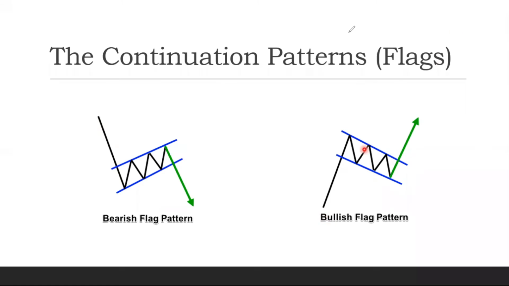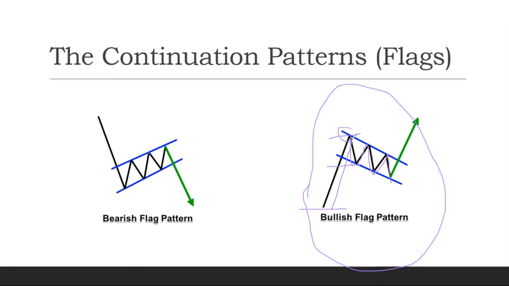Okay, so how can I analyze this flag and make sure whether it's a flag or not? First of all, the price has to extend from the bottom, then hit resistance, then pull back to support, then again hit resistance, pull back to support, hit resistance, pull back to support.